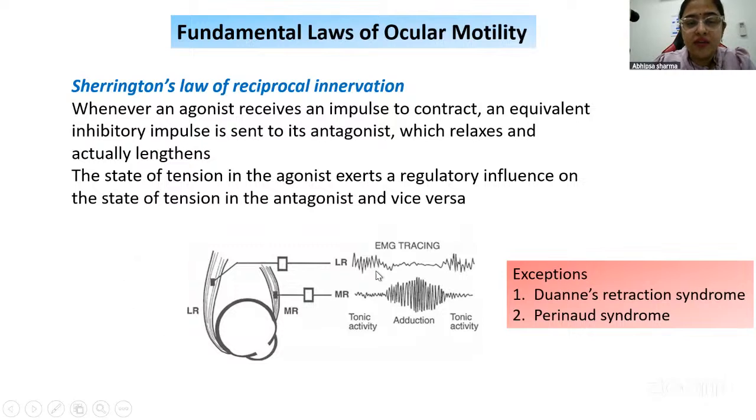This law has also been proven by electromyographic studies, in which, as you can see, the eye is adducting. In the MR, there is tonic activity, and in the LR, the activity is reducing. The exceptions are Duane's retraction syndrome, in which there is co-contraction of the lateral rectus and the medial rectus, which can cause upshoots or downshoots and also retraction of the eye, and the second exception is Parinaud syndrome.